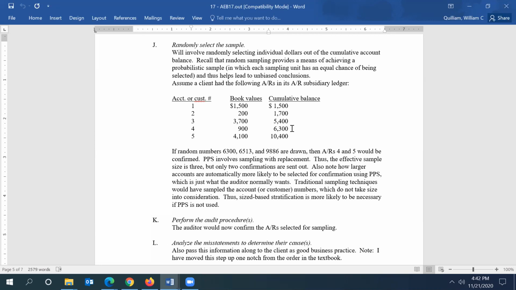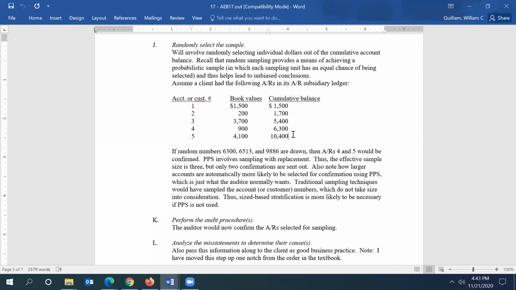Then we have random number 6,513. That is above account 4's cumulative balance, but below account 5's, of course. Random number 9,886, again, way above account 4's cumulative balance, but certainly within account 5's. So we have sampled account 4 once with the first random number. We sampled account 5 twice with two different random numbers.